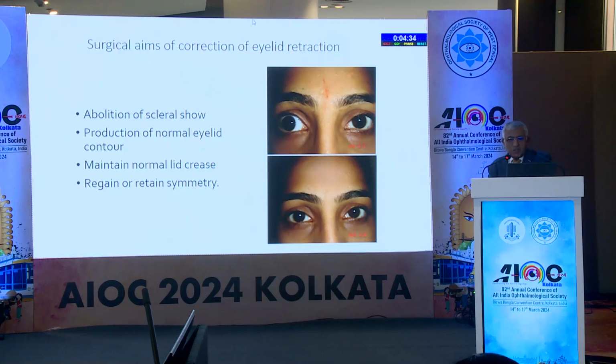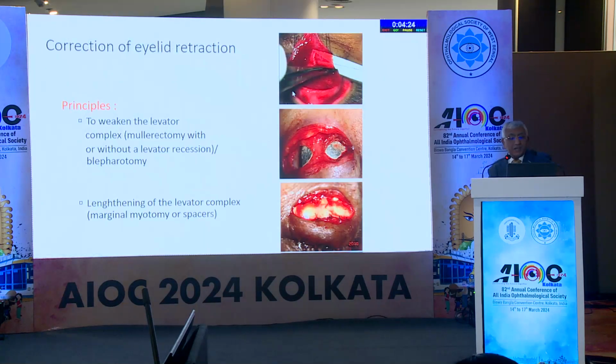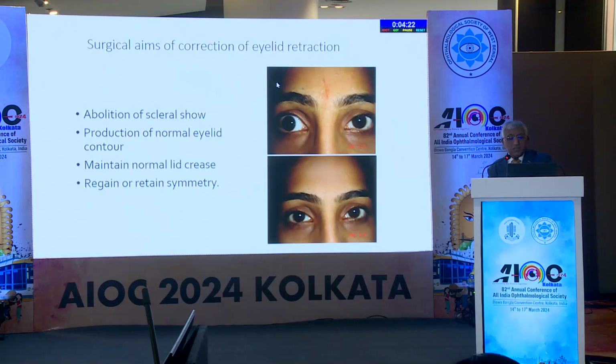What are the surgical objectives when you want to correct an eyelid retraction? You want to abolish the scleral show, which may be disfiguring like you see here, and production of a normal eyelid contour is important because many of these cases have a temporal flare. What is important is that the eyelid crease can often get recessed when you do this surgery, so you would try and maintain the eyelid crease as best as possible.